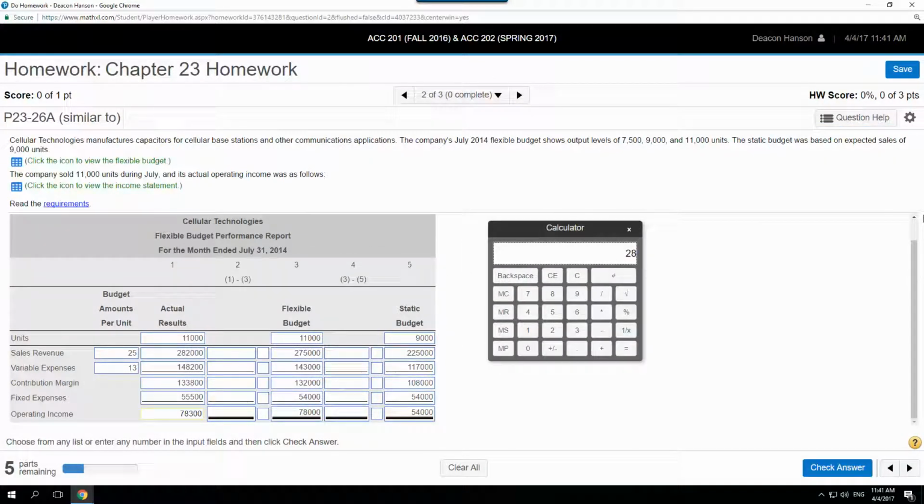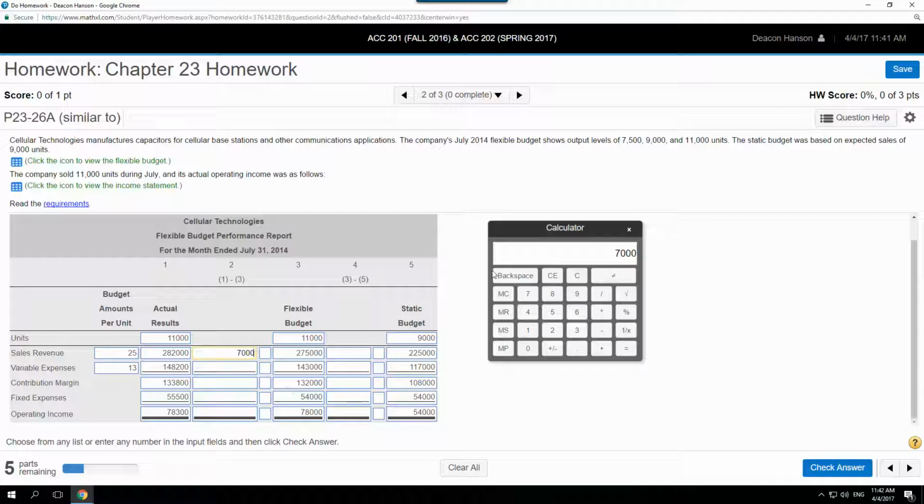We'll take 282 in revenue minus 275. Okay, so we're taking the actual revenue and subtracting the flexible. So we got $7,000.